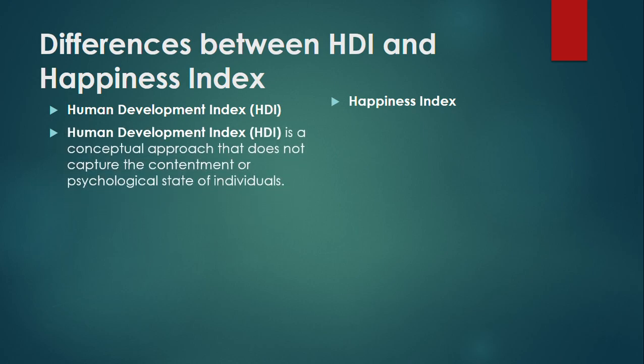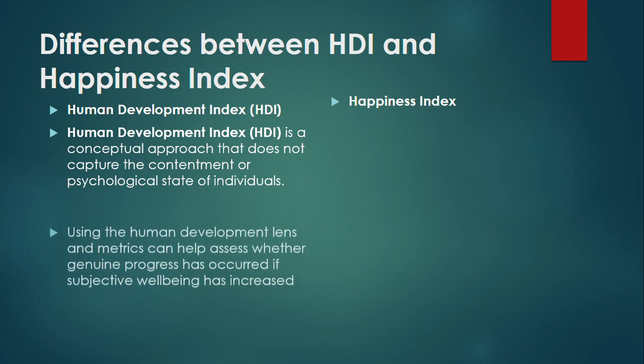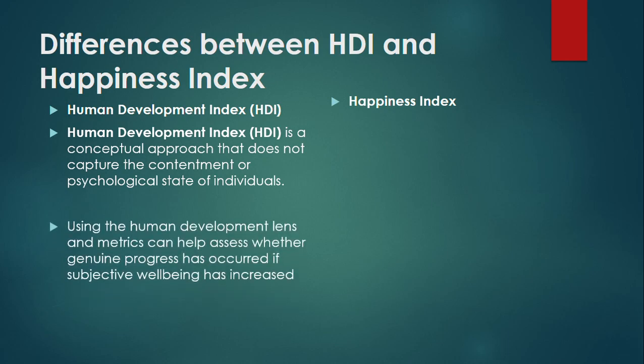Human Development Index is a conceptual approach that does not capture the contentment or psychological state of individuals. Using the human development lens and metrics can help assess whether genuine progress has occurred or if subjective well-being has increased.